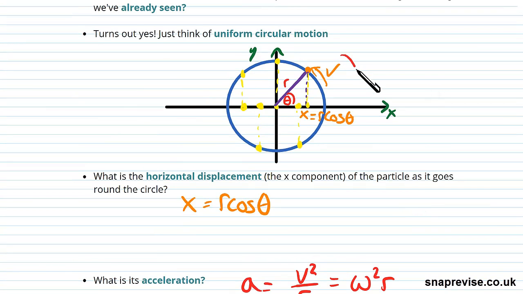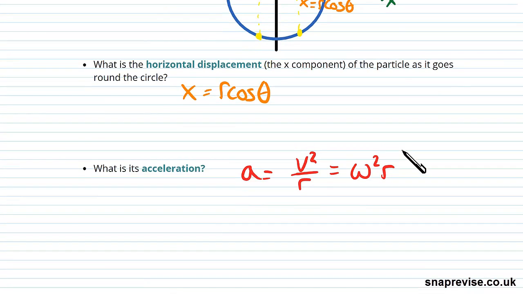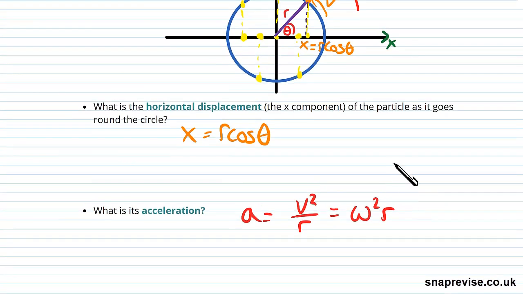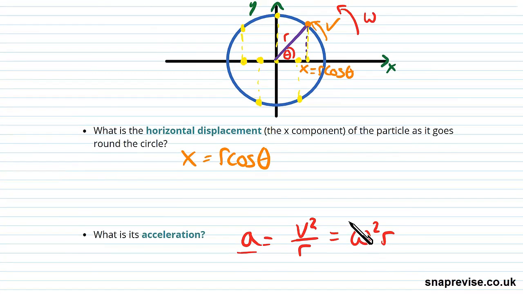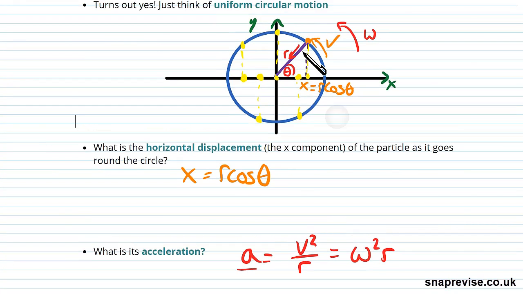So we're going around with an angular speed of omega, and we're familiar with that from our previous videos on circular motion. But remember, that's just the full magnitude of a, our acceleration towards the centre of the circle. But we want the x component of that.